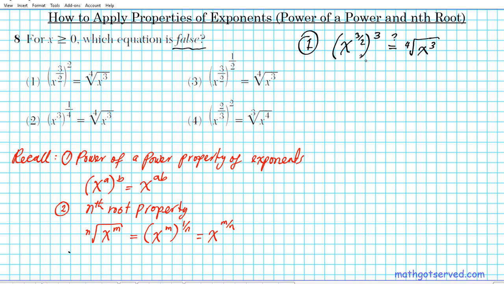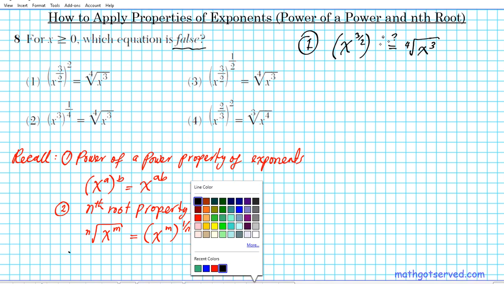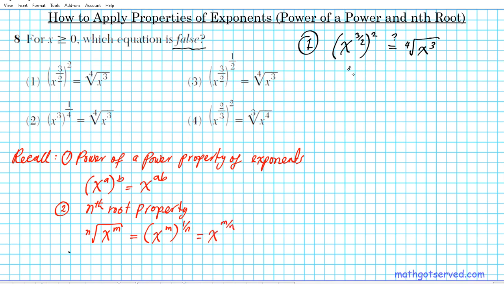Alright, so we're going to use the power of a power property for the first one. For the left side, we just multiply the exponents. So it's going to be x to the 3 over 2 multiplied by 2 over 1. Then on the right side we're going to use the nth root property. This becomes x to the 3 over 4.